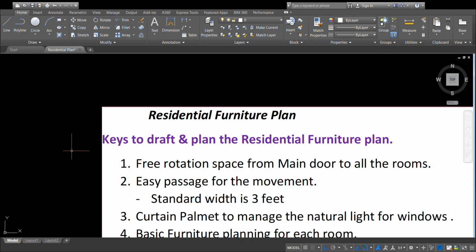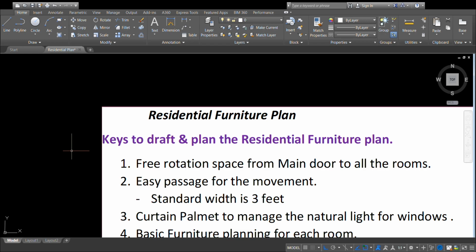So here we are going to focus on important aspects that are required to draft the residential layout and what are the important points that you need to keep in mind. These few points will really cover your entire basics and even the additional points, and it will get very easy for you to plan the whole layout without missing anything very important.